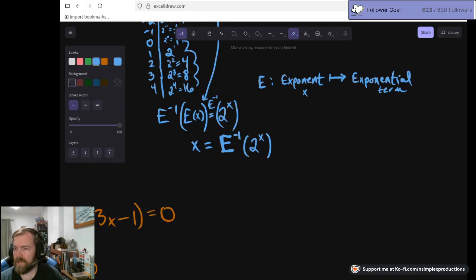So x then becomes 2 to the x or whatever else we've got. So e inverse is going to take in reverse an exponential, 2 to the x, and then tell you what the exponent is going to be. That gets you that thing.